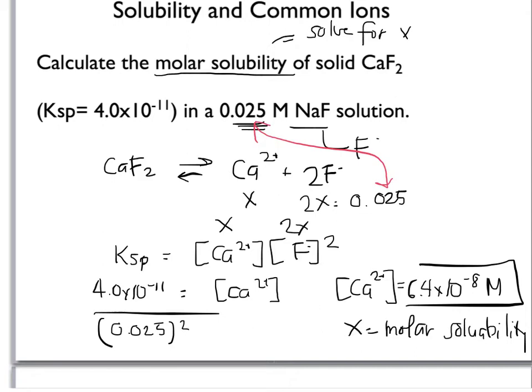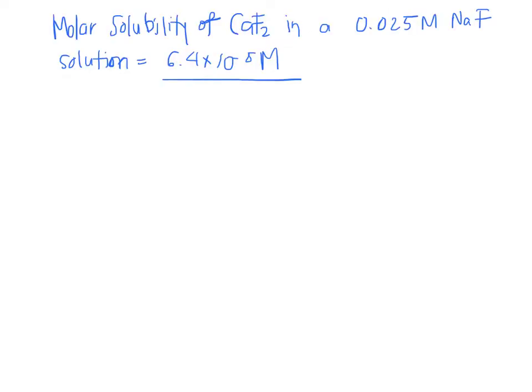In the next slide, I'm going to show you what the molar solubility would be if we had the solid CaF2 in water. The molar solubility of CaF2 in a 0.025 molar sodium fluoride solution was 6.4 times 10 to the negative 8. So let's see what would happen if we had the calcium fluoride in just water.